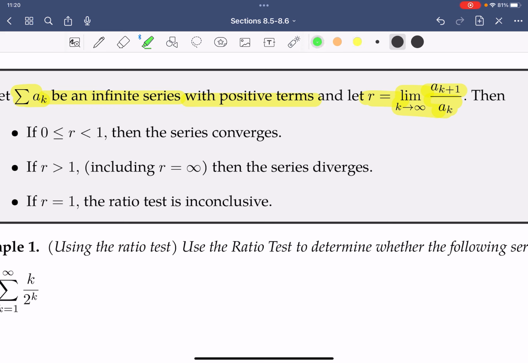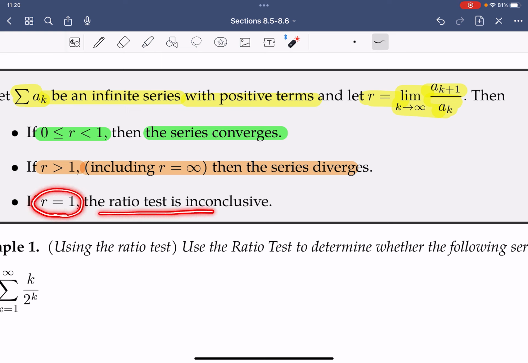If your r, the limit that you get, is between 0 and 1, it means the series is convergent. If your r is bigger than 1, it means the series is divergent. If your r is equal to 1, the ratio test is inconclusive, so you have to use another test. This is the statement of the ratio test.